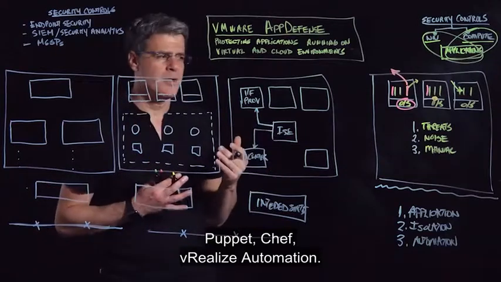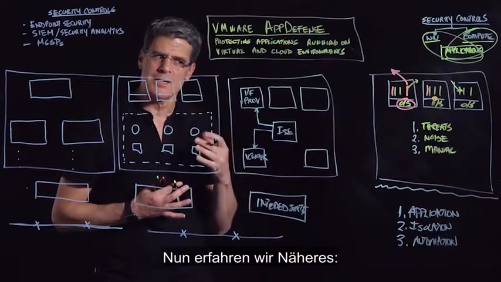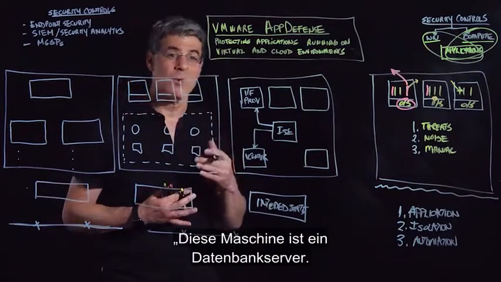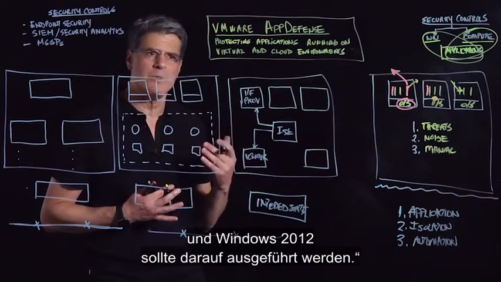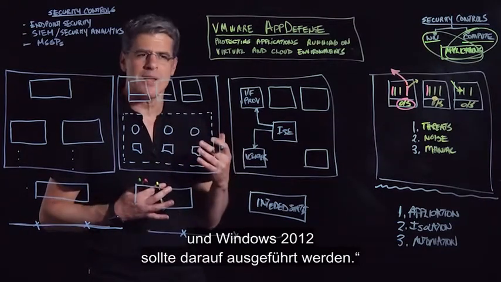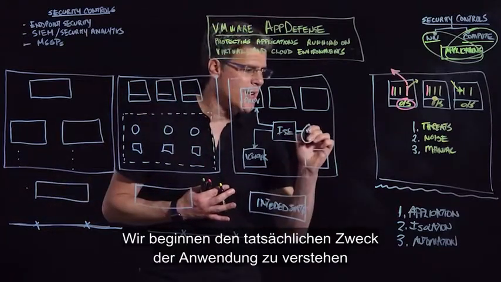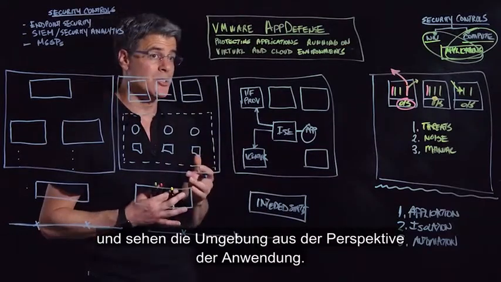Next, it hooks into your infrastructure provisioning systems. Puppet, Chef, vRealize Automate. And that starts to tell us, oh, gee, that machine was really a database server, part of the database tier of this mortgage system that we've created, and it was supposed to be running Windows 2012. Now we start to get the sense of what an application really is and starting to see the environment through the application.